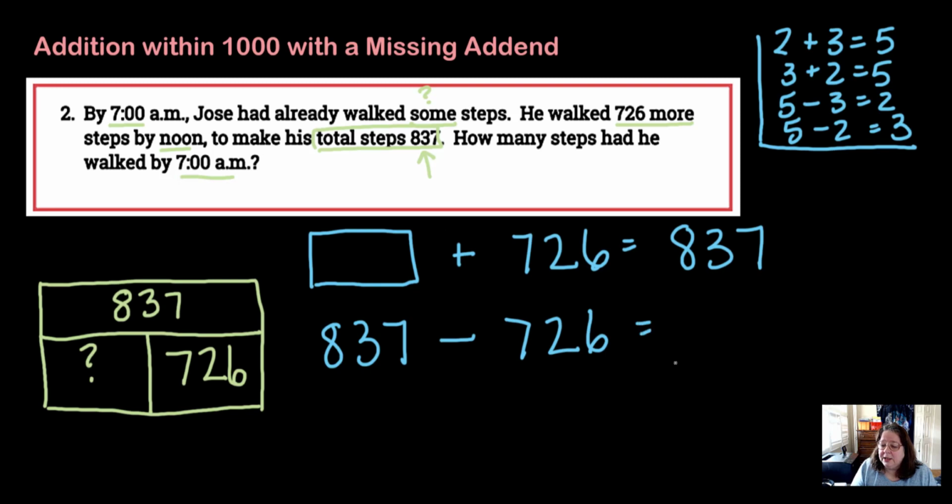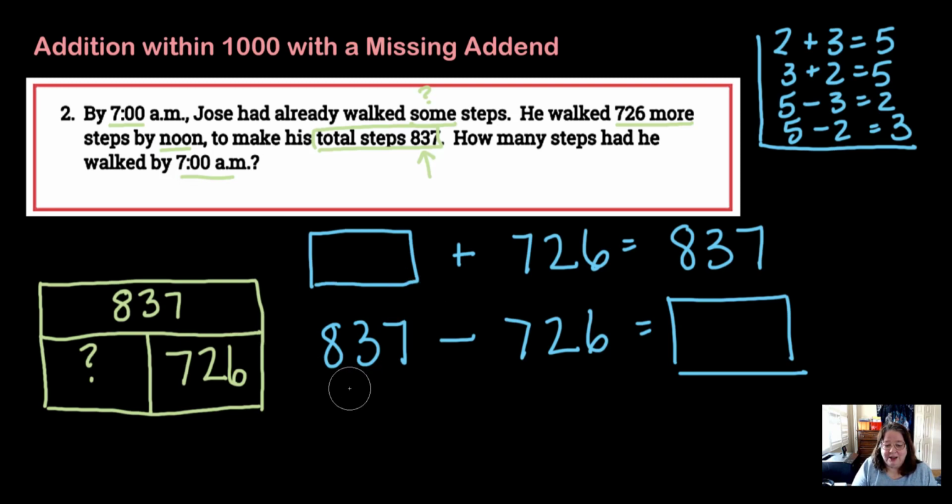Now, of course, in subtraction, the terms are subtrahend, minuend, and difference, but I think you can see that this would be a fact family. Now again, I do not have room to solve this here, so I'm going to need to do some erasing. Don't erase on your paper, just move down to a clean area. I never erase my previous work because I will want to be able to go back to use it.